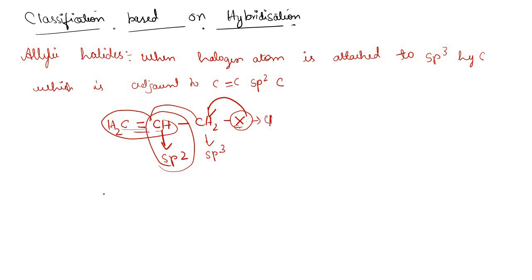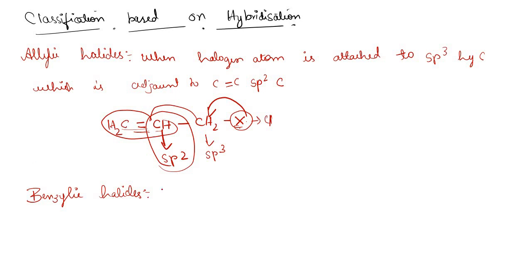I hope it's clear. The next one is benzylic halides. What are benzylic halides? It's the same thing; the only difference is that you are taking an aromatic compound here. These are the compounds in which a halogen atom is bonded to an sp3 hybridized carbon atom attached to an aromatic ring.